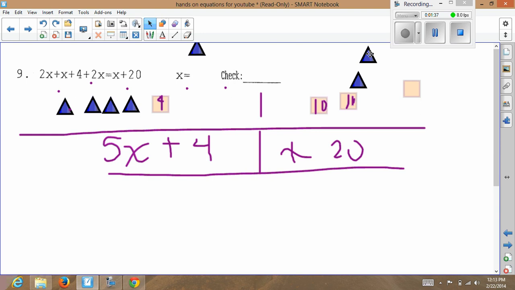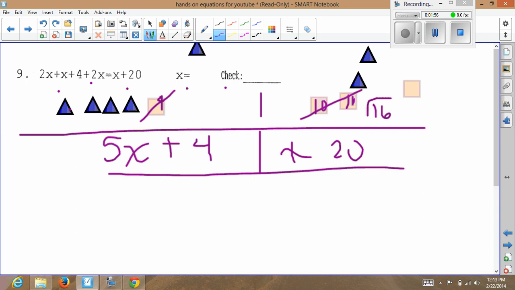My goal is always to get my x's by themselves, getting down to a single x. But the first thing I'm going to do is remove this 4. If I take away 4 from the left, I need to make sure that I'm taking away 4 from the right. So my 20 is no longer a 20, because 20 take away 4 is 16. Now I have 16 on the right.